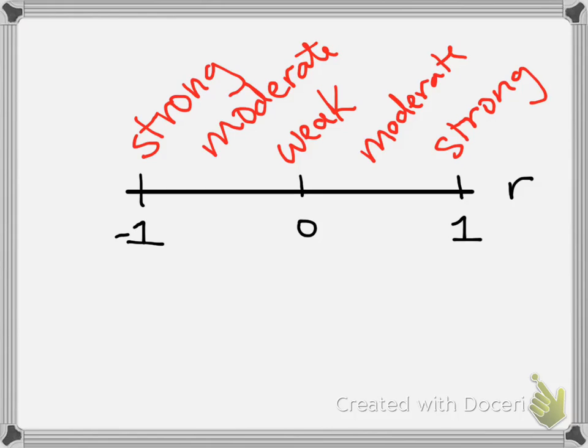If your value for R is closer towards the middle, closer to 0, that indicates that you have a weak linear relationship between your variables. And then values between 0 and -1, or between 0 and +1, would be in the moderate range. There aren't any hard and fast rules about which ranges correspond to a strong relationship versus a moderate relationship.